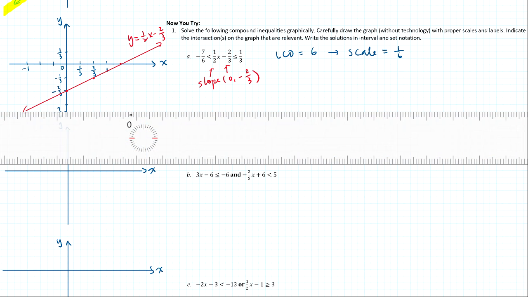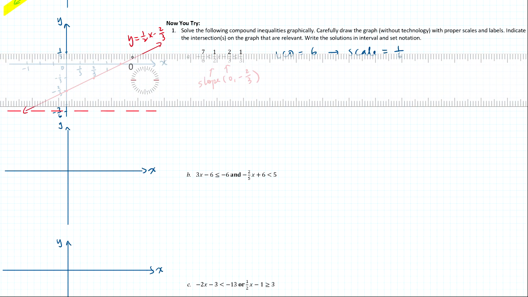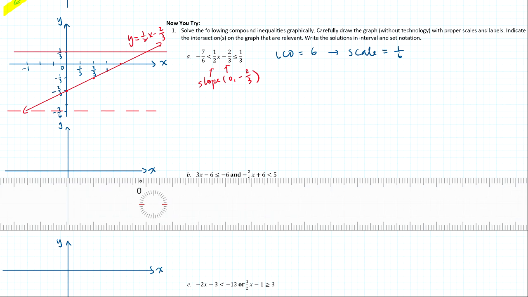Negative 7/6 was not included, so we use a dotted line. For positive 1/3, this is included, so we use a solid line as we did before. Once we do this, we can find the intersections.